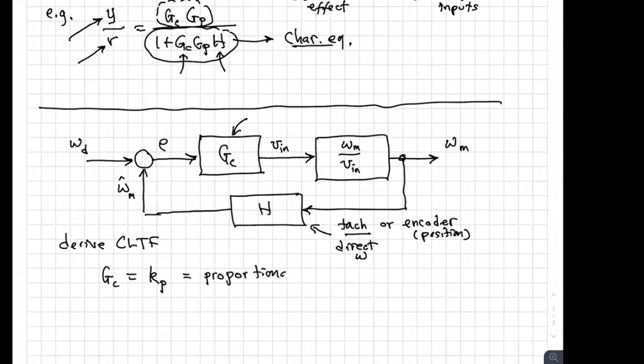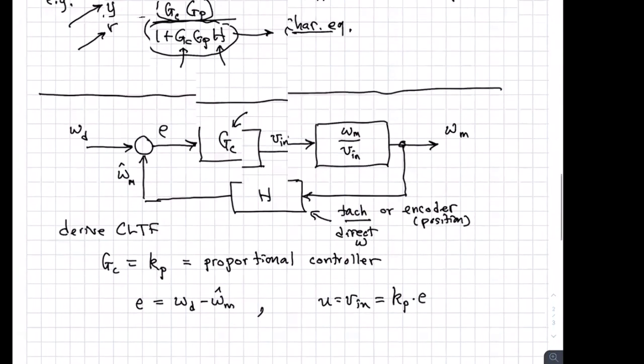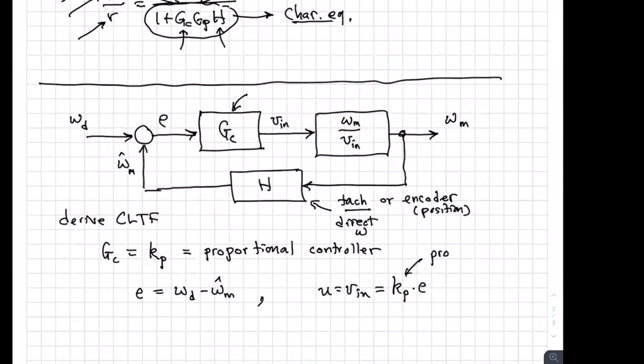So if we just have GC equal to a constant gain, this gives us a proportional controller, because the error is now desired minus the measured, and then the command U, which is a voltage in, is simply Kp times that error in speed. It's just a proportional gain.